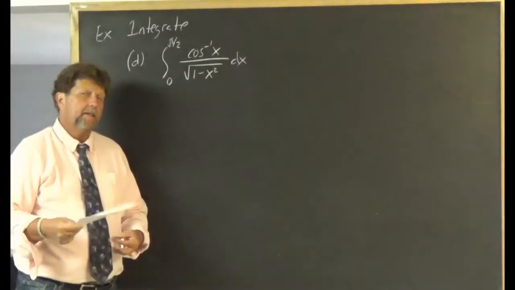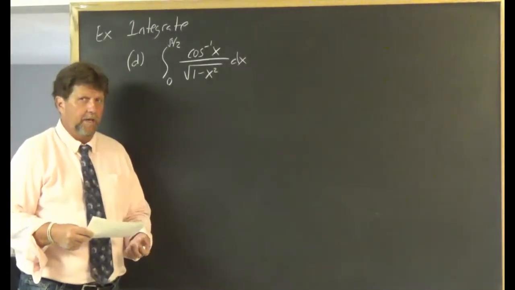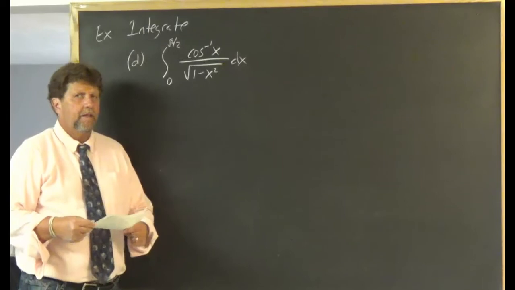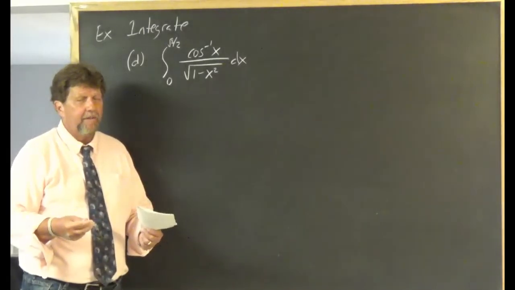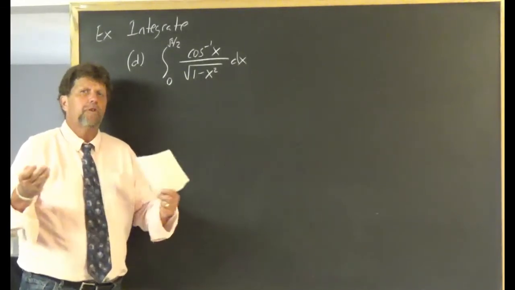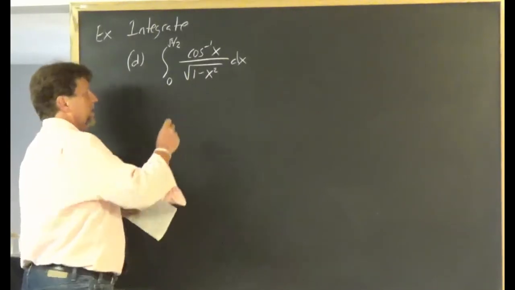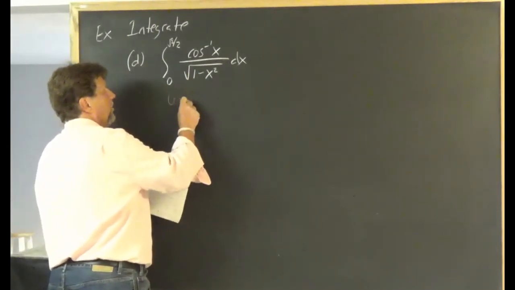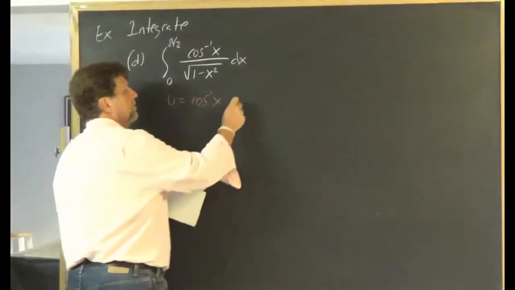All right, this one requires us to start off with a u-substitution. And the u-substitution doesn't fit the guidelines that I gave you back in section 5.5. Remember I said the guidelines were just guidelines. It's not going to handle 100% of every situation. Here, I'm going to let u equal inverse cosine x.